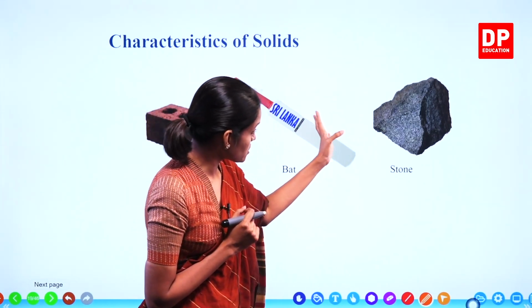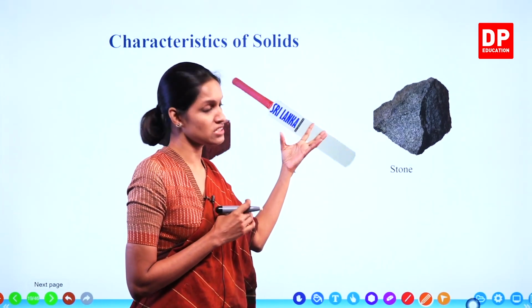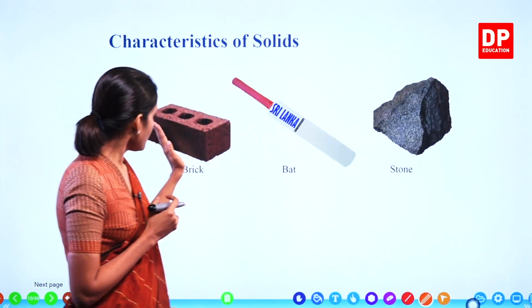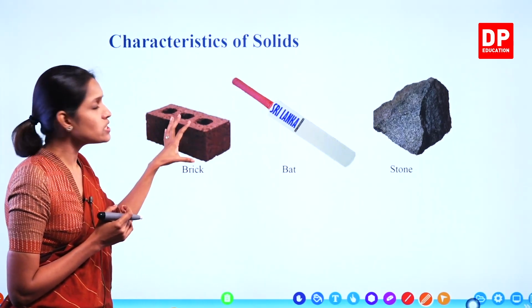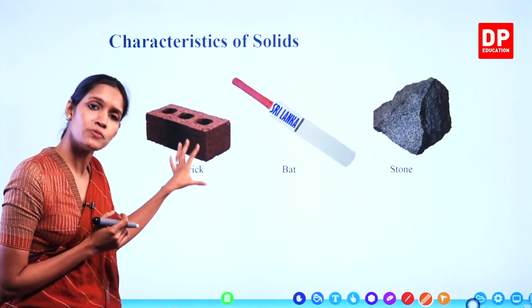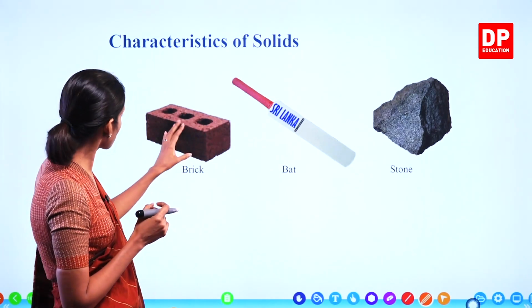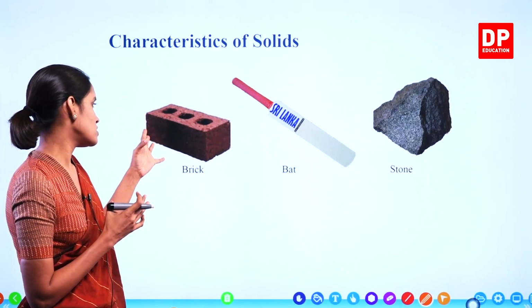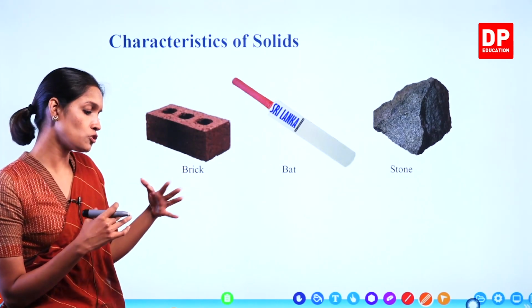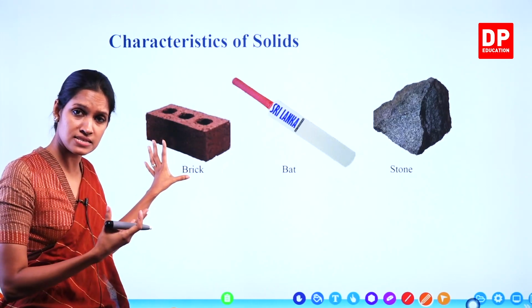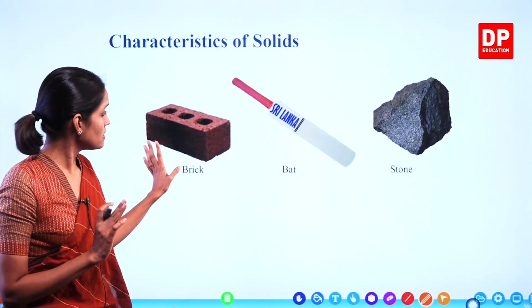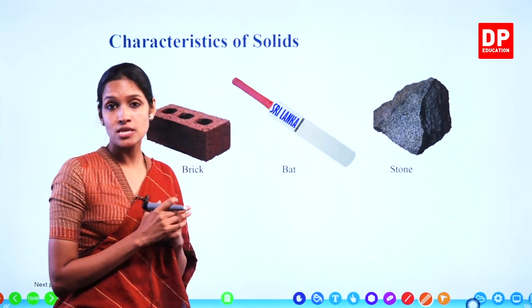Stone doesn't have a special shape. It's irregular. And when you think about the shape, do these solids change their shape time to time, children? Look at the brick. Now if you have this brick today and tomorrow when you go out, will this change its shape into something else? No, it won't. Bat and stones are also the same.